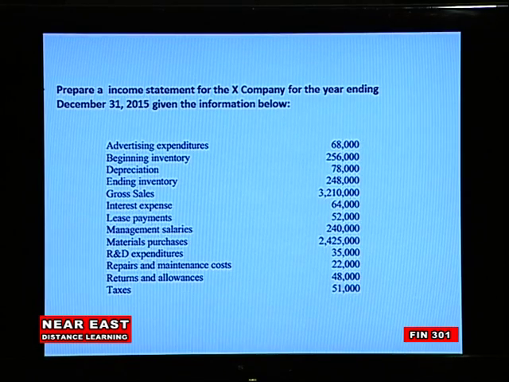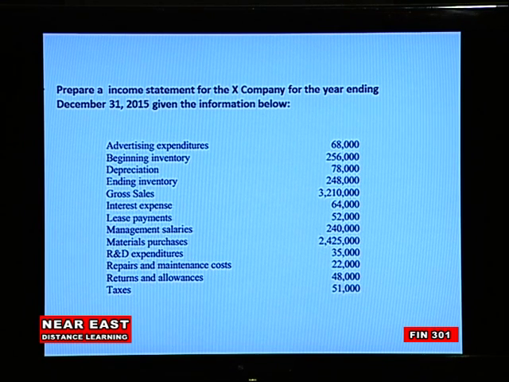Prepare the income statement for company X for the year ending 31 December, given the information: advertising expenditure, beginning inventory, depreciation, ending inventory, gross sales, interest expenses, lease payment, management salaries, materials purchase, research and development, repair and maintenance costs, returns and allowances, and taxes.